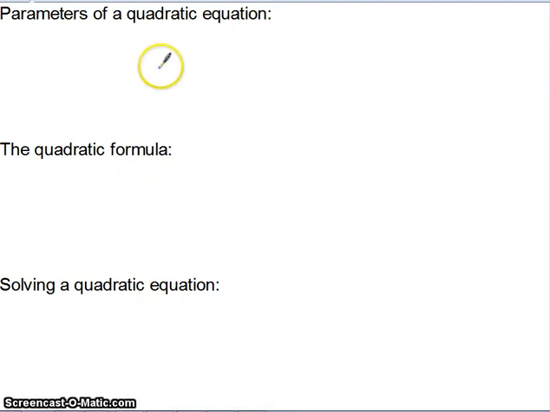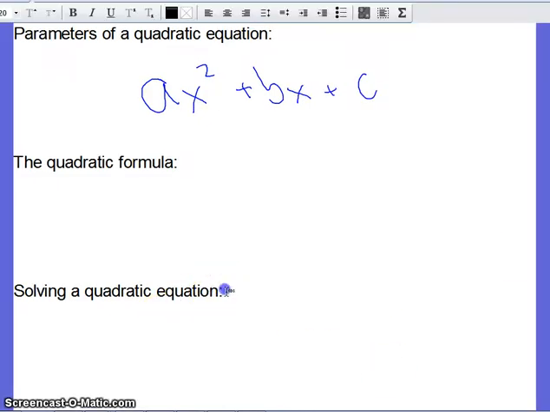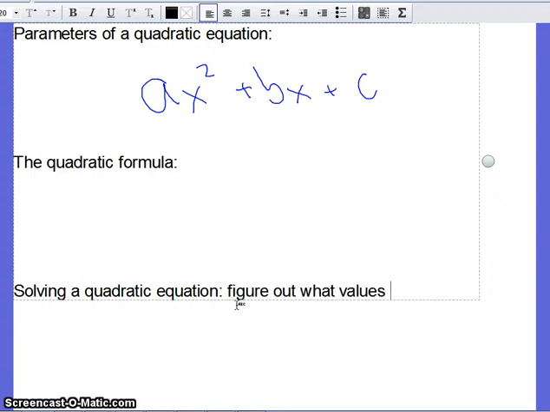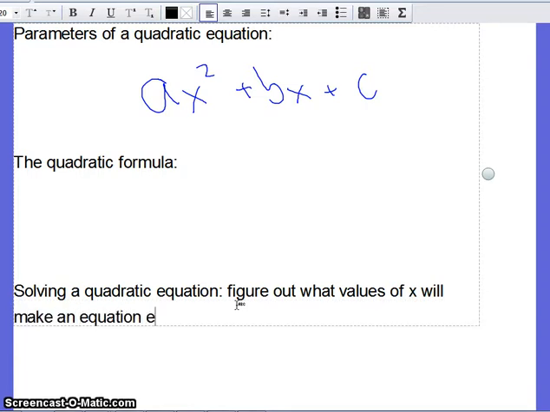First off, I want to remind myself that the parameters of a quadratic equation are a, b, and c. And then what it means to solve a quadratic equation is, just like in algebra, to figure out what values of x will make an equation true.